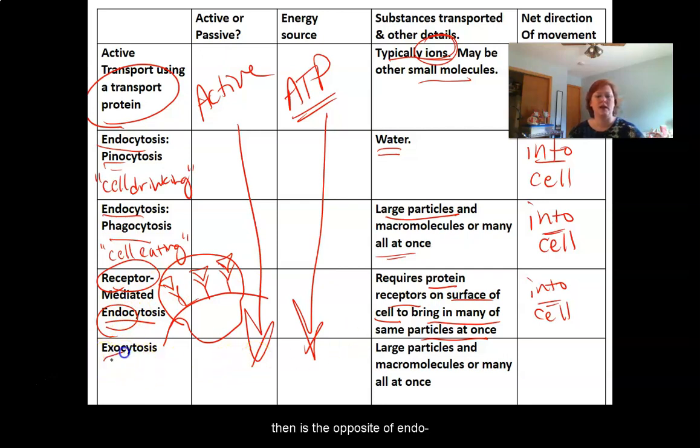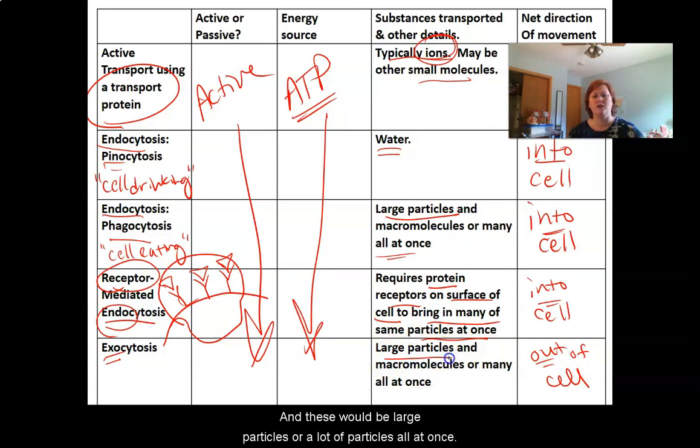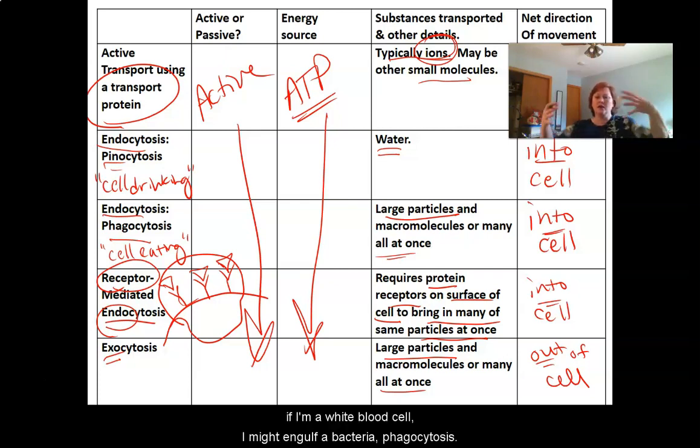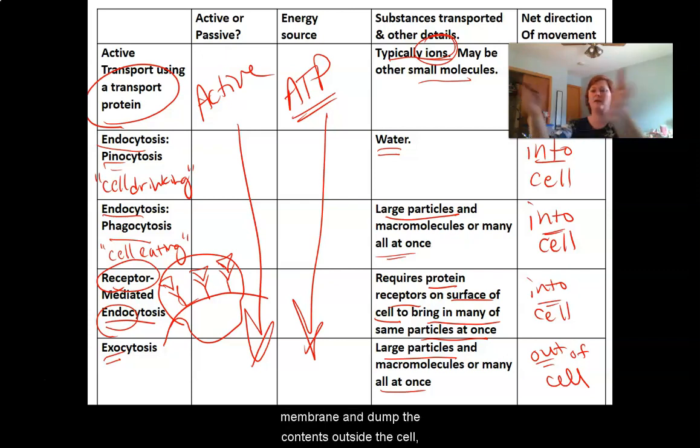Exocytosis then is the opposite of endo, so this means I'm moving stuff out of the cell, and these would be large particles or a lot of particles at once. So for example, if I'm a white blood cell, I might engulf a bacteria, phagocytosis, digest it using a lysosome, and then fuse that membrane bubble back with the outer membrane and dump the contents outside the cell.